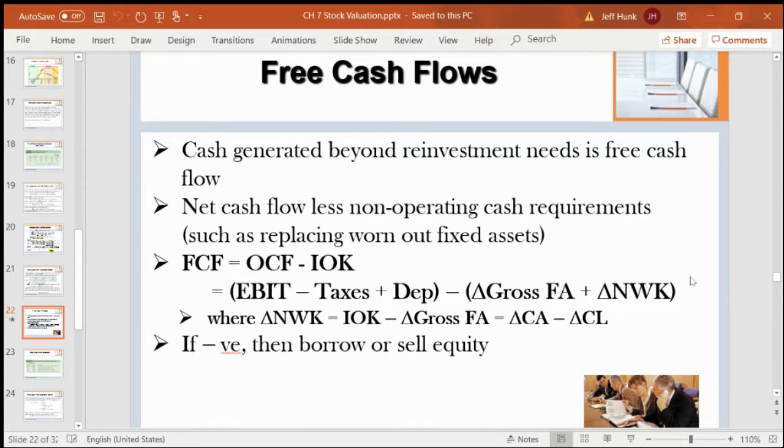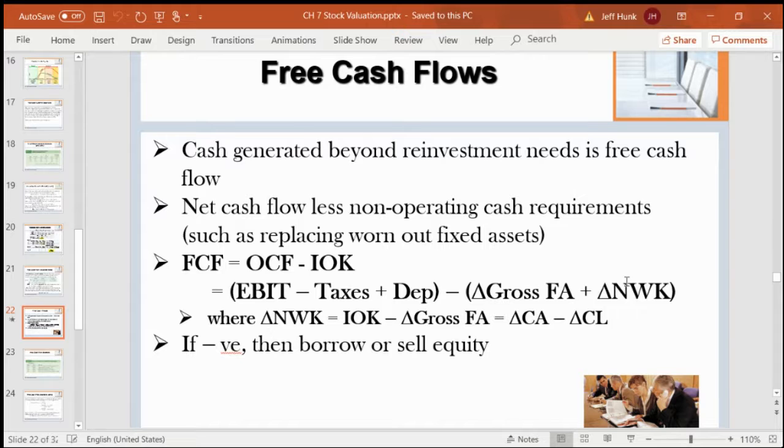And what's the other counterpart to fixed assets? It's working capital or current assets, right? Current assets are also constantly in flux, so there will be a change in current assets, but net working capital.